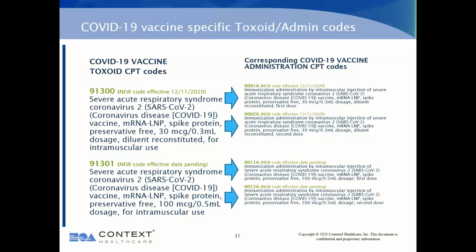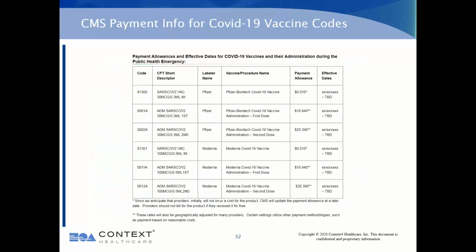Moderna vaccine may be approved this Friday, 12/18, but we await the official approval date. Any further COVID-19 vaccines approved by the FDA in the emergency period will likely spur future releases of new specific toxoid and admin codes in a similar format to these.